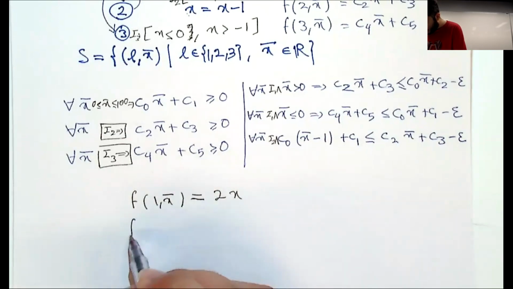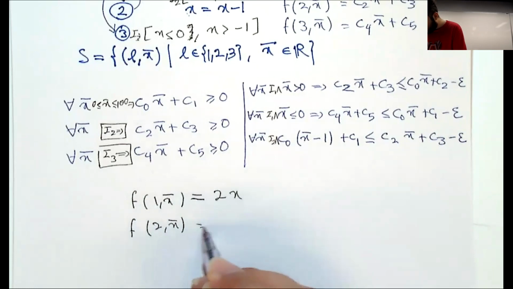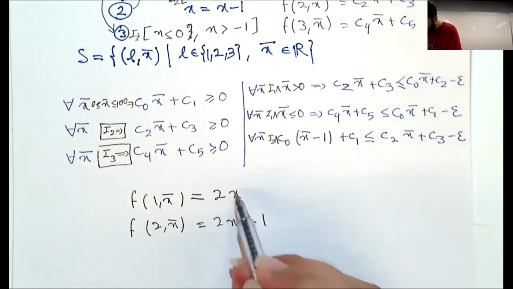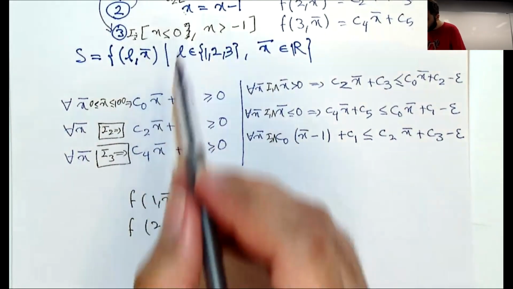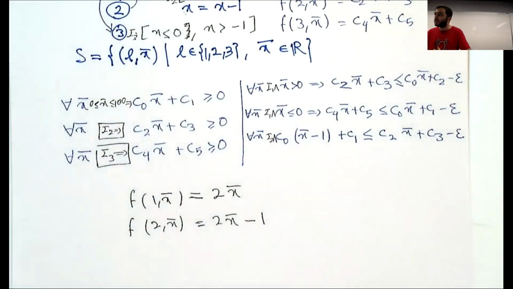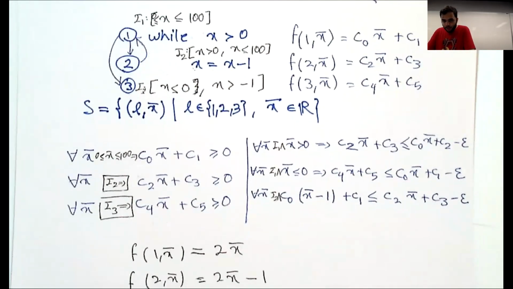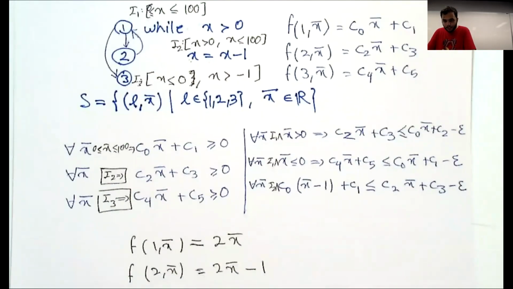And then f of 2 x bar can be 2x minus 1. So x is the variable and x bar is the value of x. Okay, if I have this, then which conditions are satisfied and which are not?